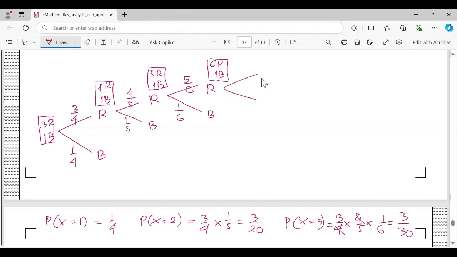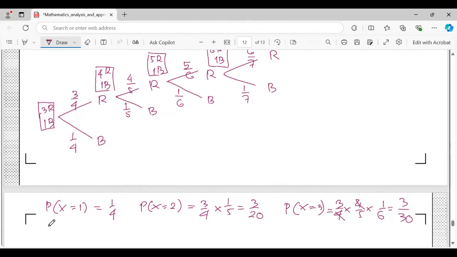Next, if red becomes 6 over 7, if blue equals 1 over 7. So the probability x equals 4, I continue here. X equals 4 becomes 3 over 4 multiply 4 over 5 times 5 over 6 times 1 over 7. Cancel.